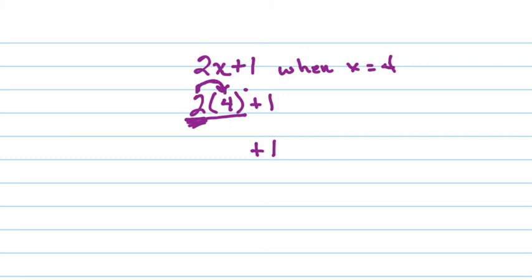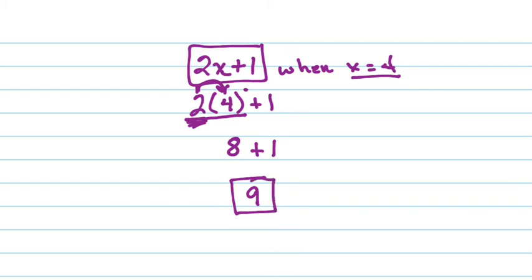So 2 times 4 makes what? 8. And then it's just a matter of finishing it off. 8 plus 1 makes 9. So for this particular algebraic expression, when x equals 4, the expression equals 9. Okay? So you're just plugging in the values and then doing the math.